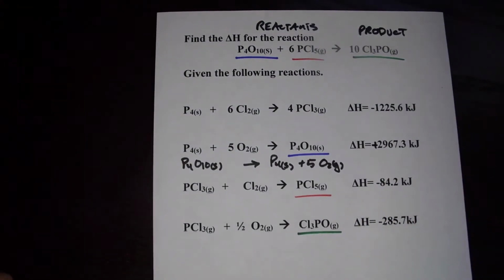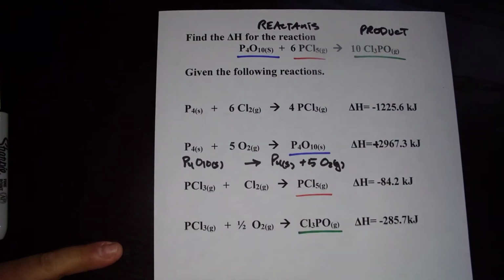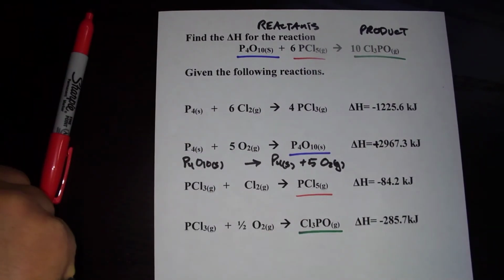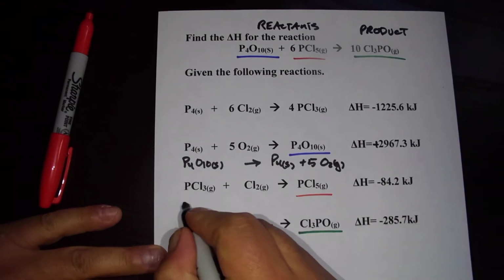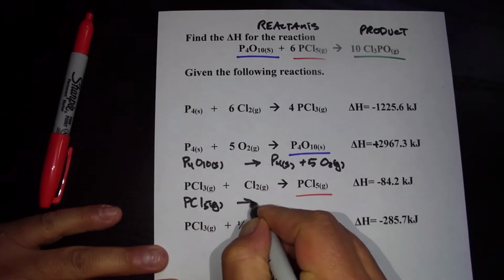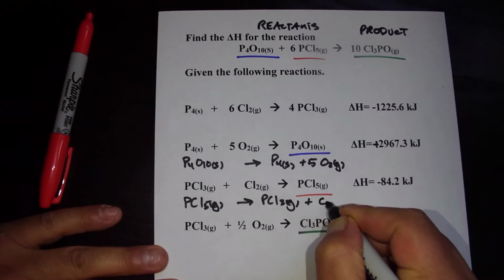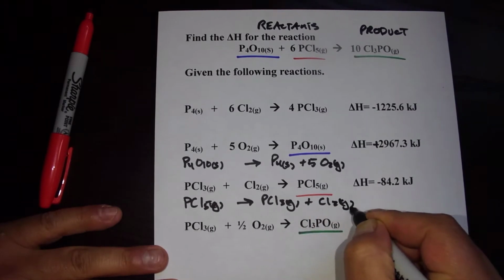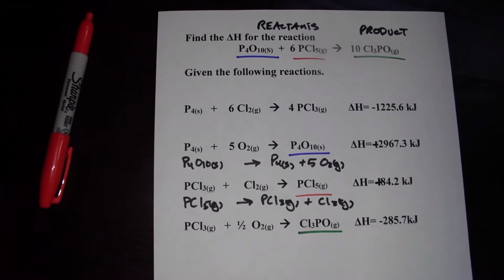All right, now I'm going to do it for the next one as well, because here you see that it's on the reactant side, but it's over here on the product. So I'm going to reverse this one to the other side. And this is going to make PCl3. And I'm going to do the exact same thing right there. So now it's going to be a positive.